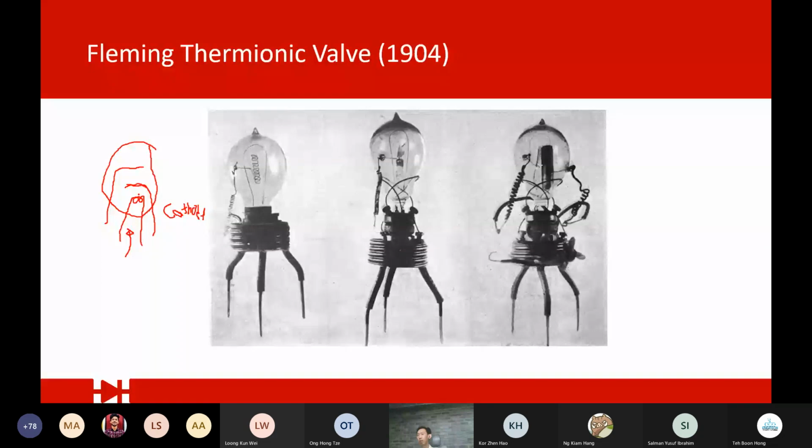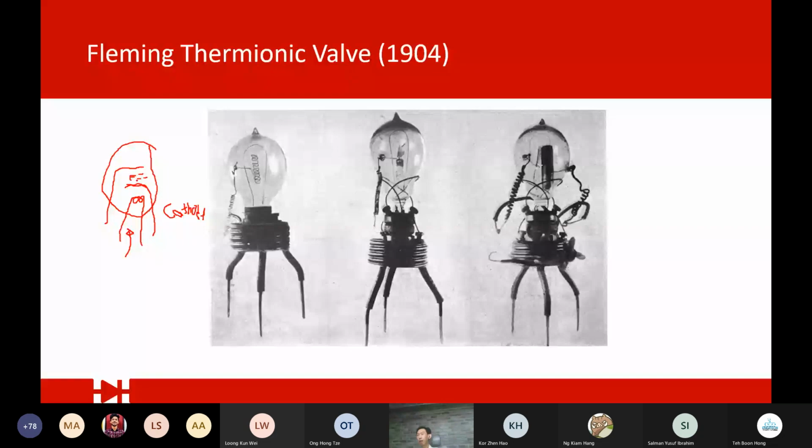It will heat up the cathode, and once the cathode material heats up, electrons are released from the cathode into the vacuum.